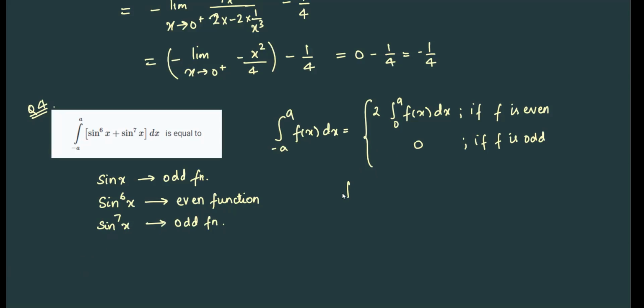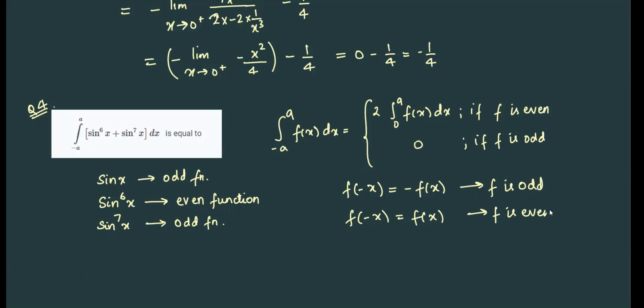What is an odd function? f of minus x is equal to minus f of x. So f is odd. And even function means f of minus x is equal to f of x. So f is even. All right. So sine power 6x will be an even function. Sine power 7x will be an odd function.